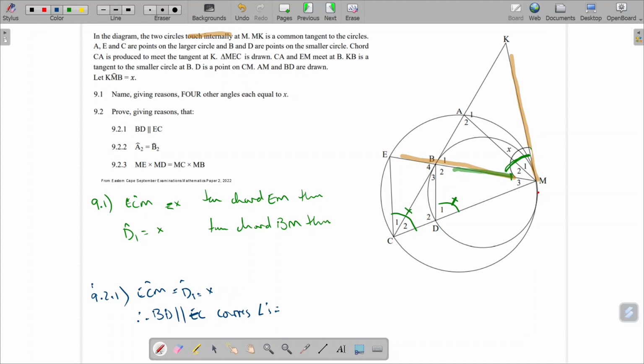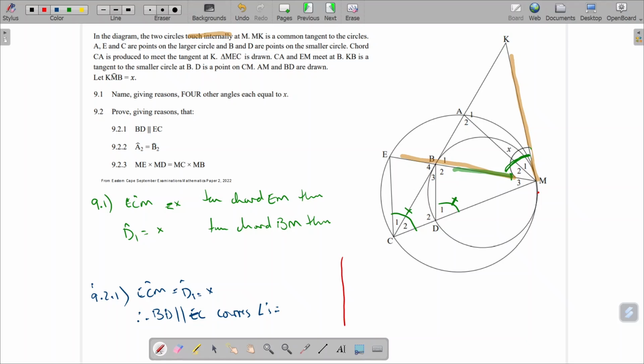What we may need to do is look at why A2 equals B2. Okay, I can see why A2 equals B2, so again I'm going to proceed and hope that the rest of the question reveals itself to me.